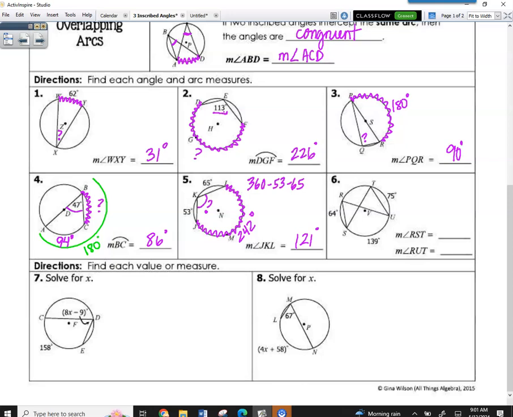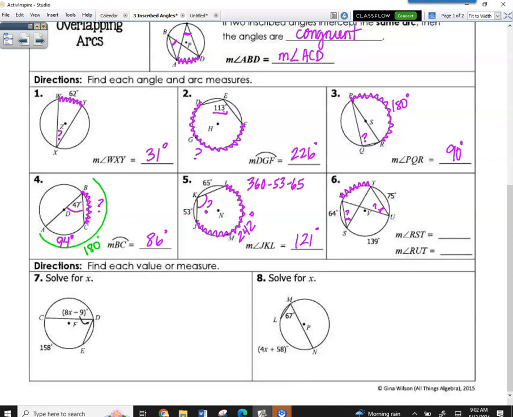Number 6, it asks for two angles, RST and RUT. Our ST is here, and our UT is here. What do you notice about those angles? What arc do they open up to? RT. So if I find one, I've actually found the other one because they're congruent. Now, do I have enough info to find RT?